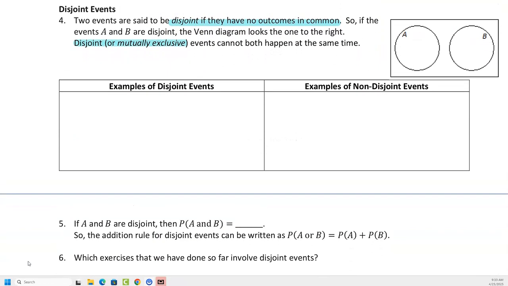So examples of disjoint events. Okay, so the first one, pulling a black card and pulling a heart, right? That's what we did up in the other example.